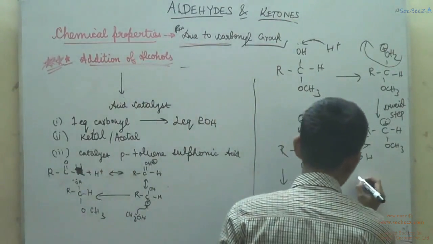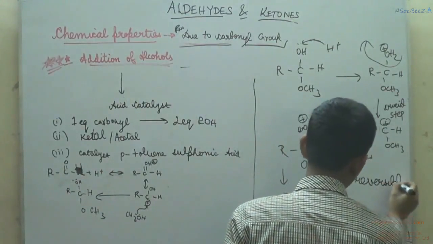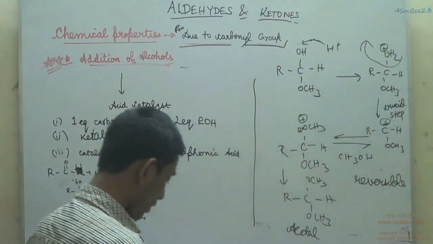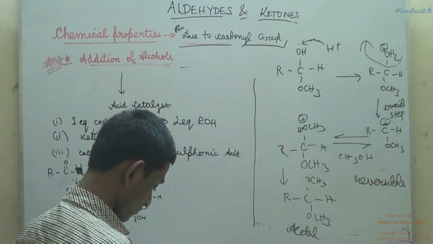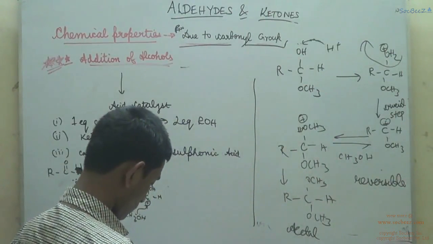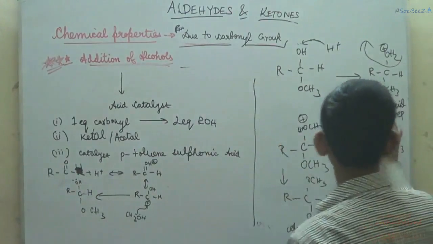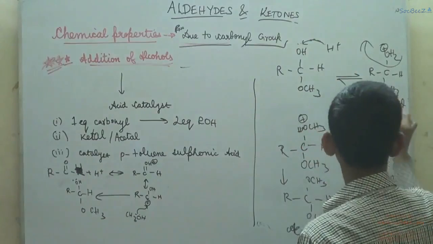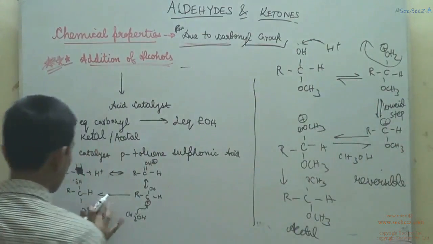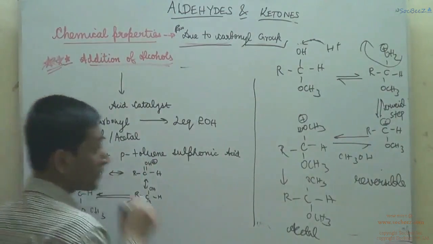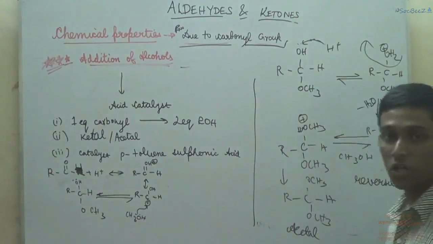And one thing that you should know is that all the above steps are reversible. Though I have not kept the arrow, you can see that all the steps are reversible, and this is the resonance form. Now the crucial step is basically removal of the water molecule.